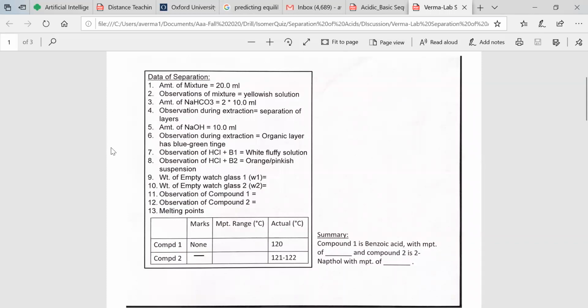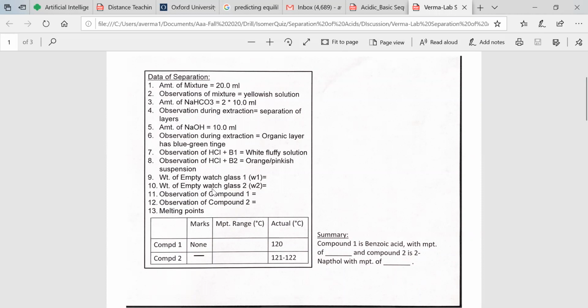For this particular experiment, this is the data that you need to be collecting. Remember to collect the starting observations. What do your starting materials look like? The during observations: what happens during the experiment.